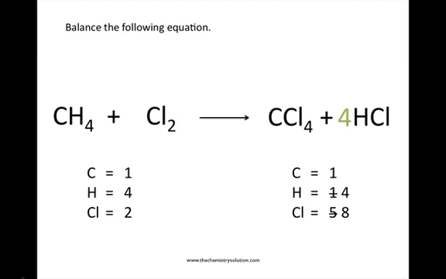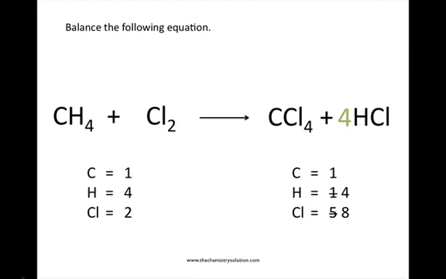So if we look at our new total, we still have 1 carbon atom on our product side, but we now have 4 hydrogen atoms, and we now have 8 total chlorine atoms. 4 from the CCl4 that we had to begin with, and 4 from our 4 molecules of HCl.